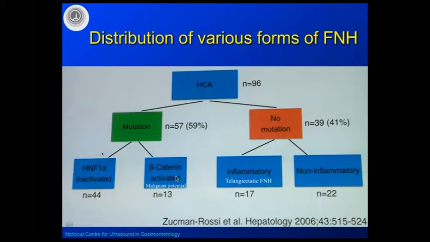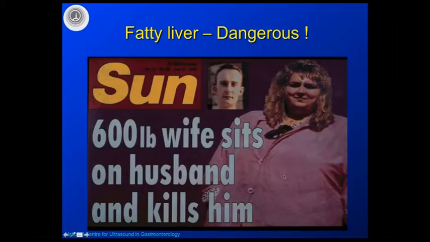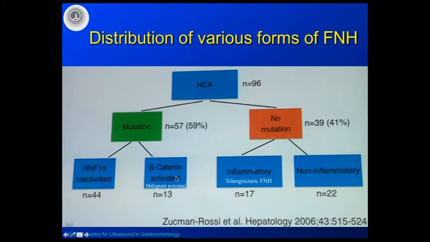However, the beta-catenin activated tumors might potentially convert to malignant states, so be careful about these. Then you have the non-mutated ones, the inflammatory and the non-inflammatory, and the inflammatory ones have an origin from the previous classification as being telangiectatic FNH.